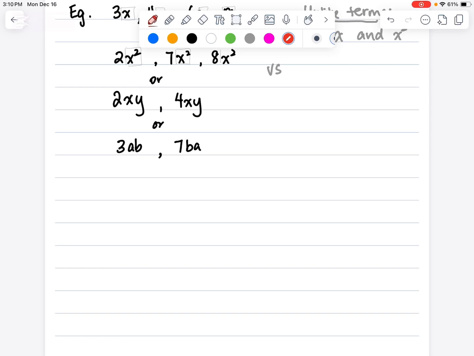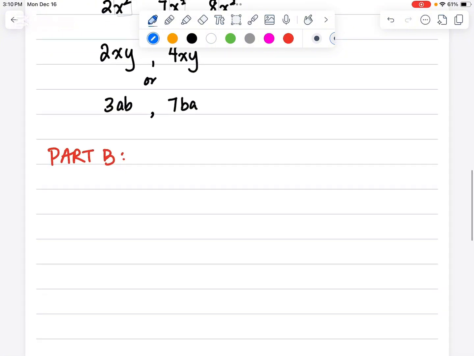Okay, so over here, this will be my part B, and we're going to go over some harder examples. I'm going to do 3, and then I will give 3 more to you to practice if you'd like. So if you have a scrap piece of paper, I would grab that. All right, here's my starting question.